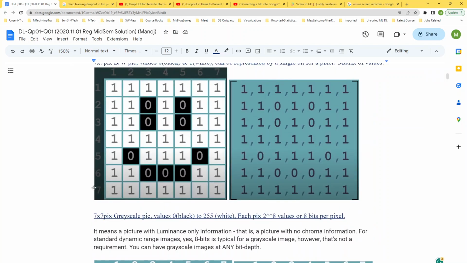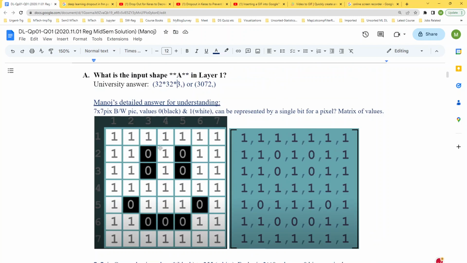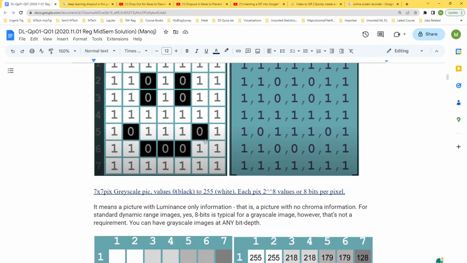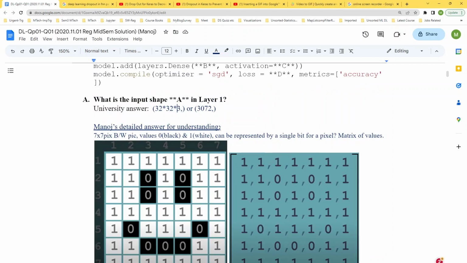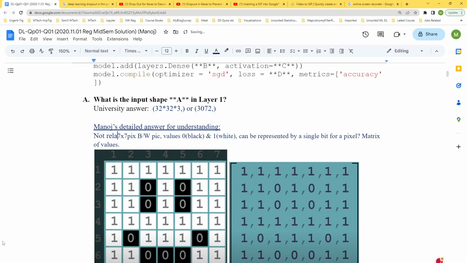We have taken 7 by 7. It's not related to the above question.